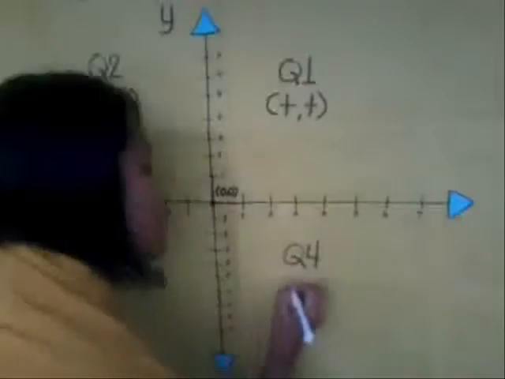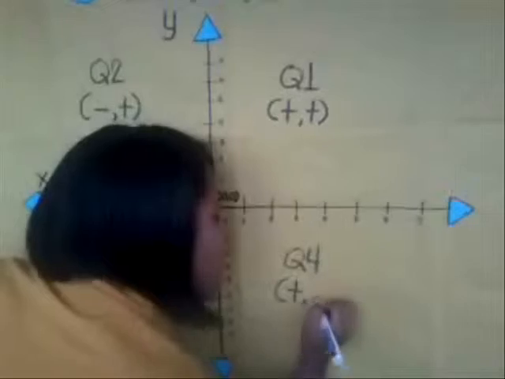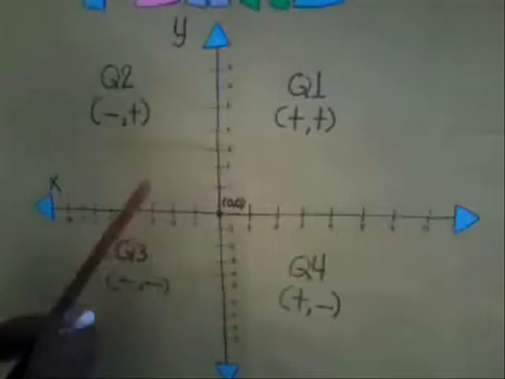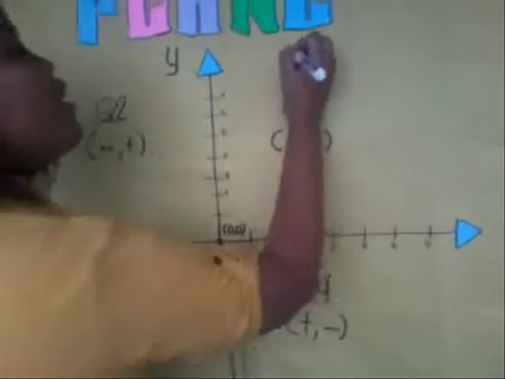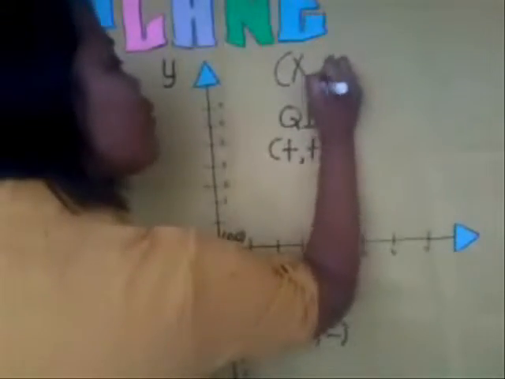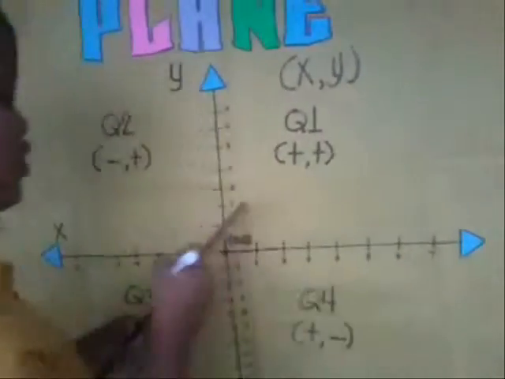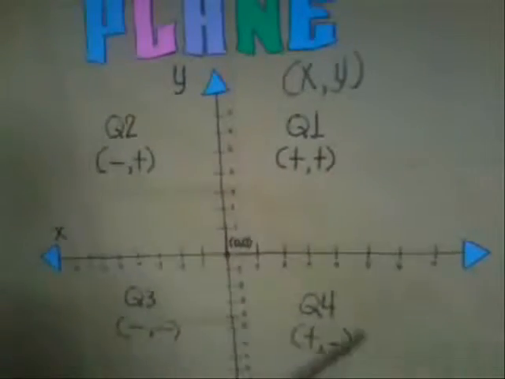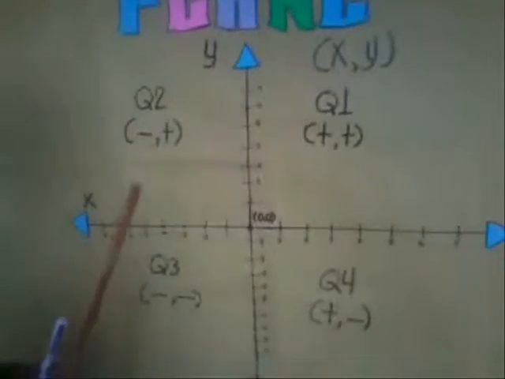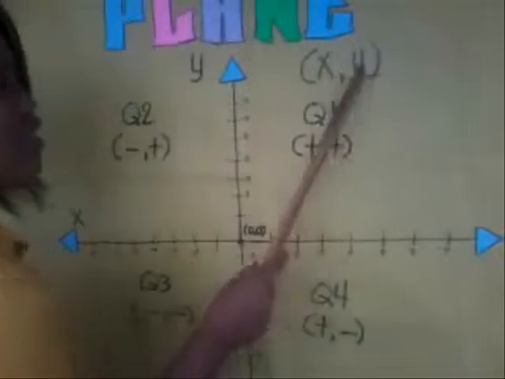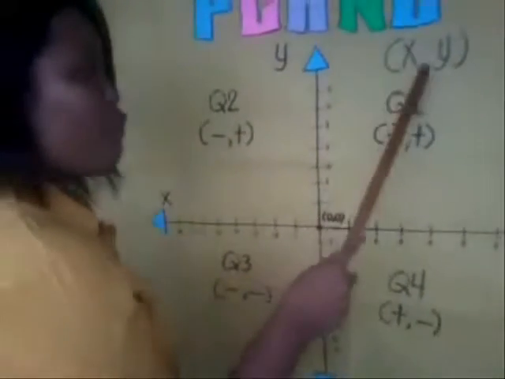So the sign used is plus, minus, indicating that this is positive x and this is negative y. Remember that the format is always x, comma, y when you're referring to points in the Cartesian plane. In every ordered pair, the x always comes first before the y.